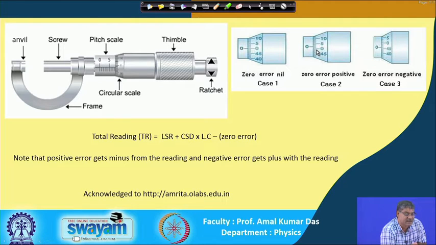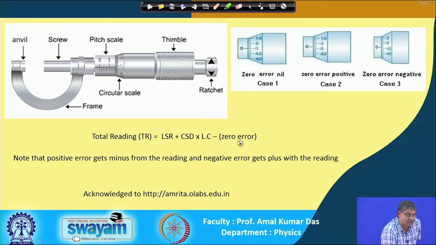In this case we are taking the number of divisions on the circular scale between these two zeros. Okay. That number of divisions into the least count will be the zero error.